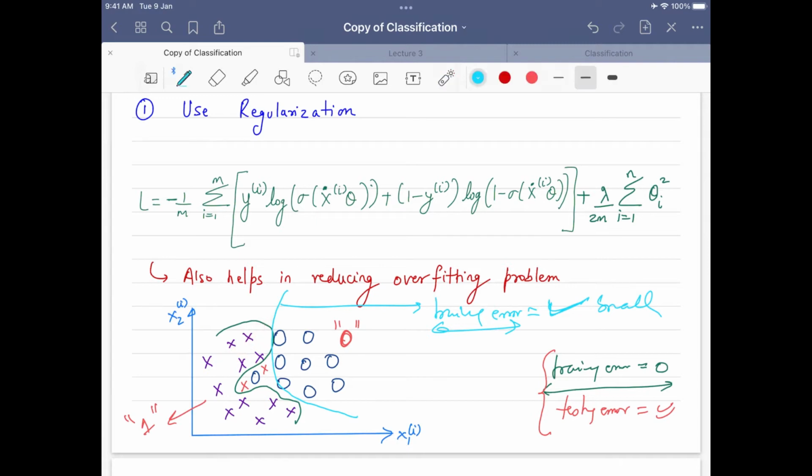So that means your testing error will be small. Here your testing error is big. So this testing error will be small compared to this testing error.